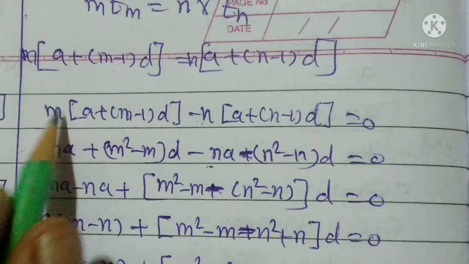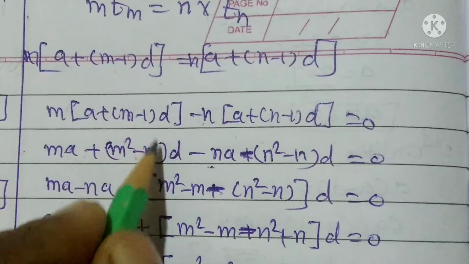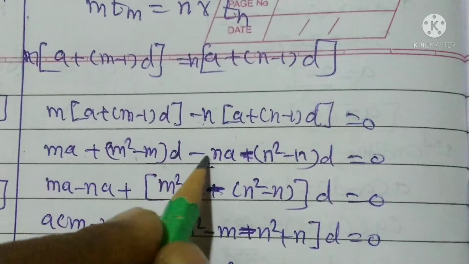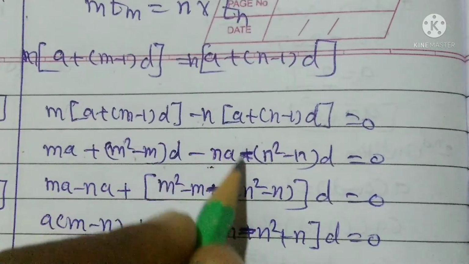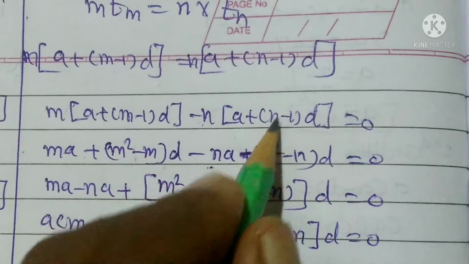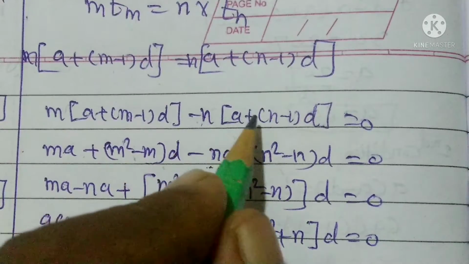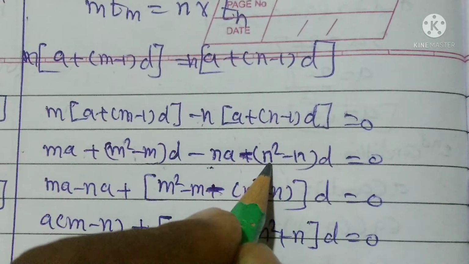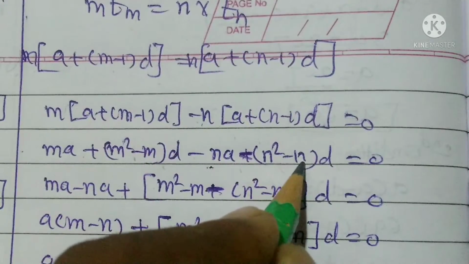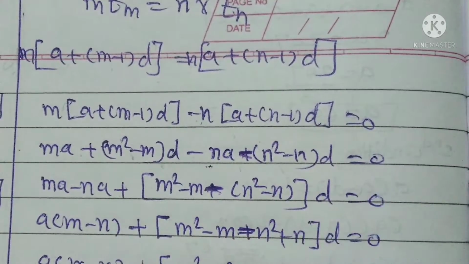So m into (a plus (m minus 1) into d) minus n into (a plus (n minus 1) into d) equals 0. So ma plus m(m minus 1)d minus na minus n(n minus 1)d equals 0, that is, ma plus (m square minus m)d minus na minus (n square minus n)d equals 0.